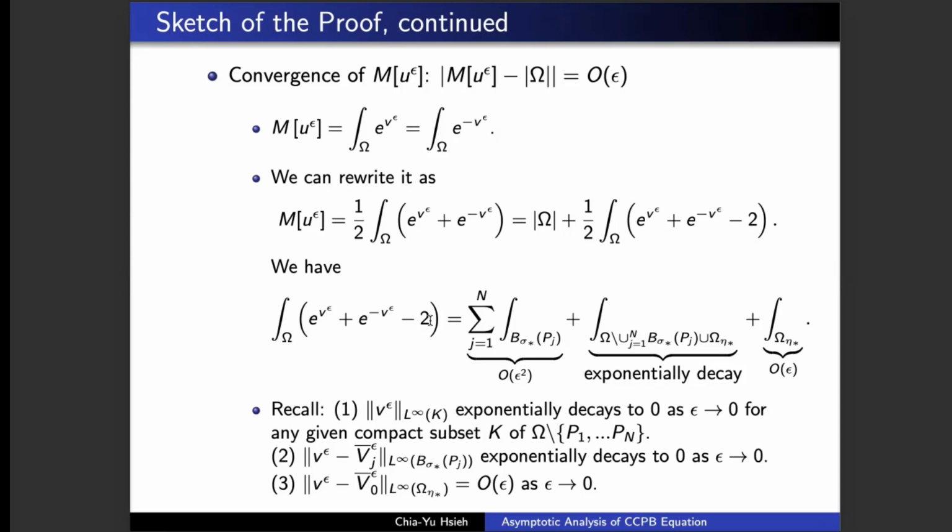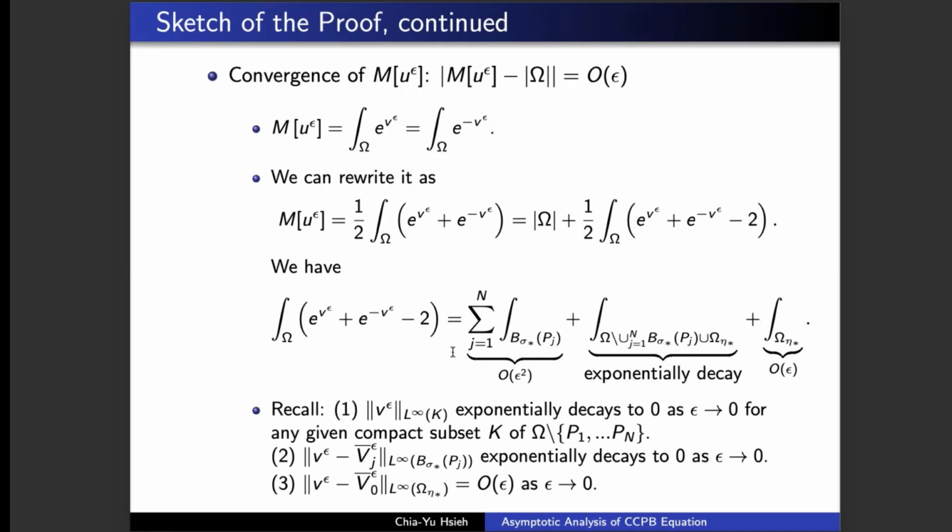The idea of the estimate is that we already have some approximation of the function small v by the capital V bar. Although capital V bar is defined by some unknown coefficients m and mu, m and mu are both bounded, so it's enough to give us some control up to the order of epsilon. So we divide the domain omega into several parts: near the singularities, the interior points, and the boundary.